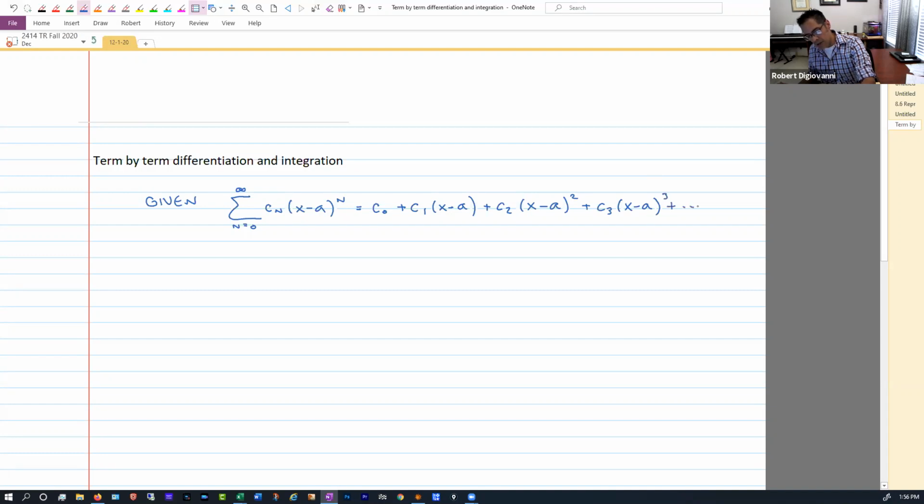All power series look like this, right? Every single power series looks like this. And I can't stress this enough. The only thing that makes functions different is these numbers. Every function that has a power series is going to look like this.